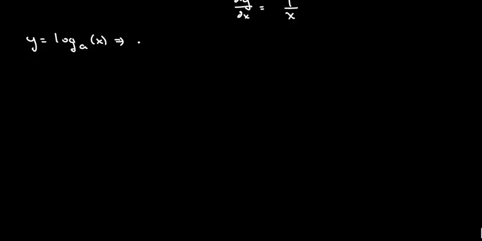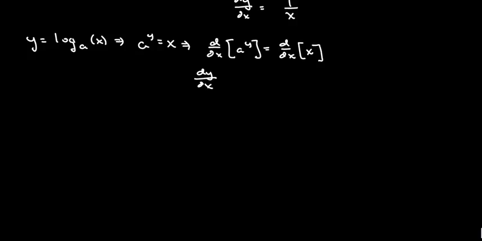So let's go a to the y is equal to x, and now we'll differentiate both sides. So d dx of a to the y is equal to d dx of x. So this right here is dy dx times d dy of a to the y, and this is equal to 1.